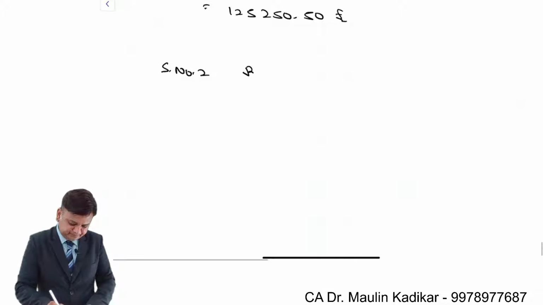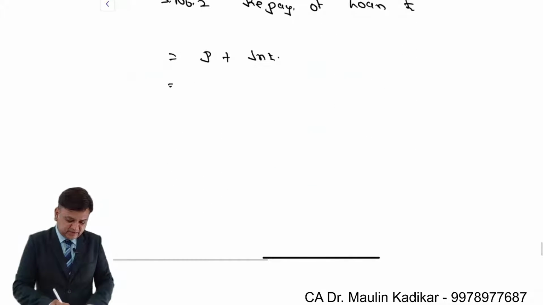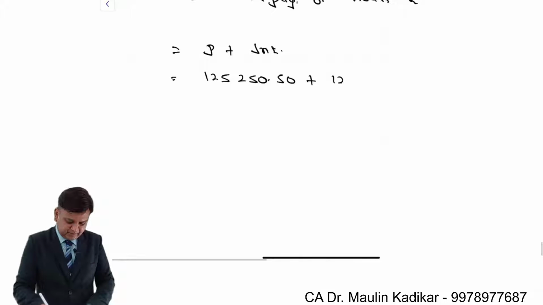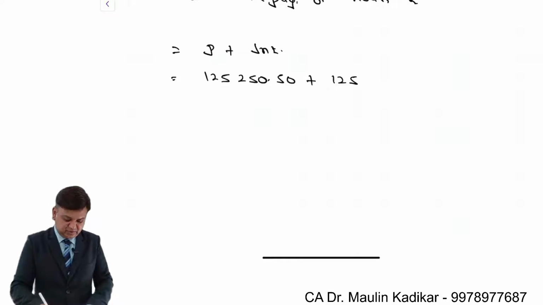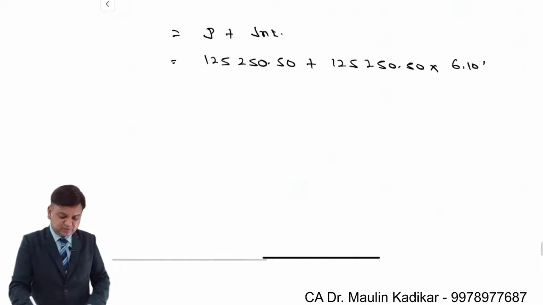Step number 2, repayment of loan in pound currency. In that, principal plus interest. So it is 1,25,250.50 plus 1,25,250.50 into the rate of interest, which is 6.1%, higher rate of interest for borrowing, into 6 divided by 12.